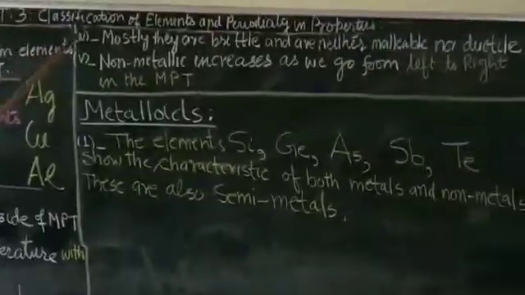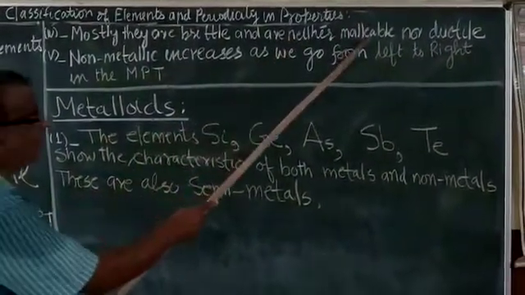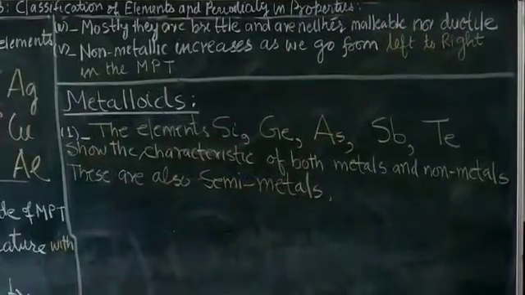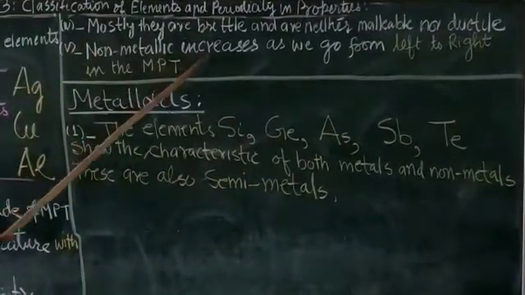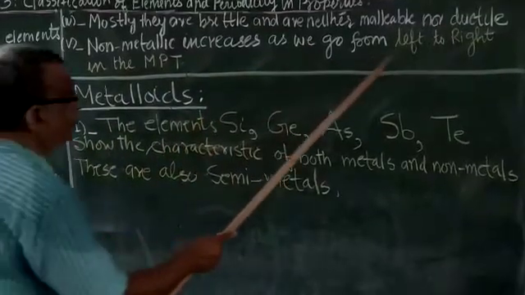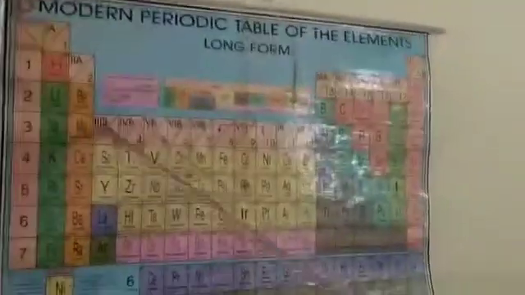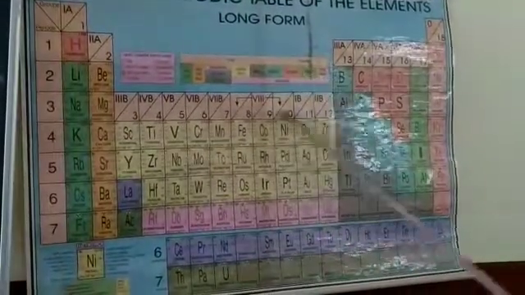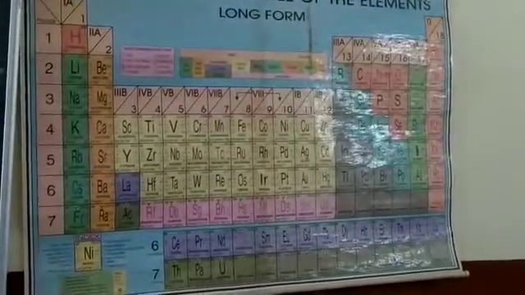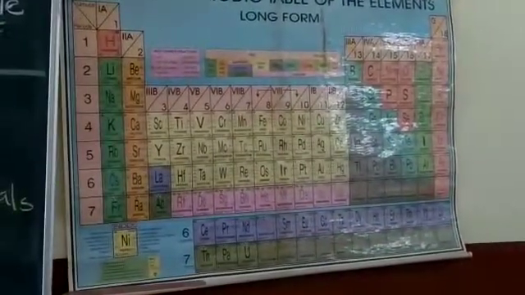Property number 4, mostly they are brittle and are neither malleable nor ductile. Property number 5, non-metallic character increases as we go from left to right in the modern periodic table. As we move from left to right across a period, the non-metallic character is going to increase.